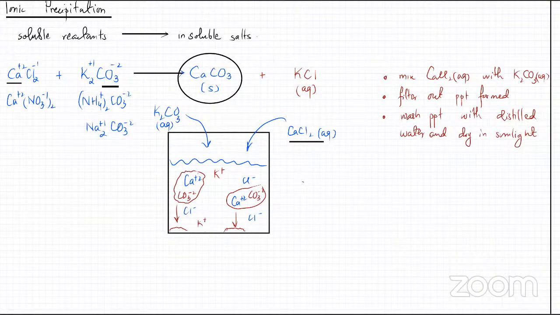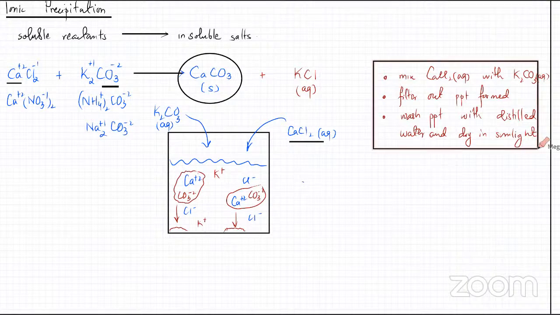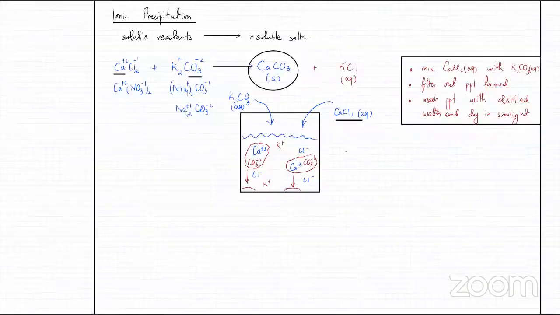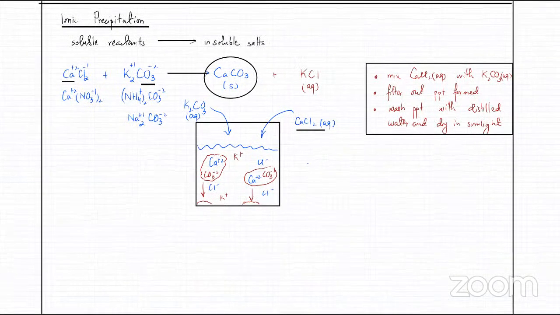So that's it. Simple explanation. The only trouble is you just need to figure out what your two reactants are. So I'll do another one. Remember, insoluble salts are going to be made this way. You're not going to depend on the reactions that we did previously.